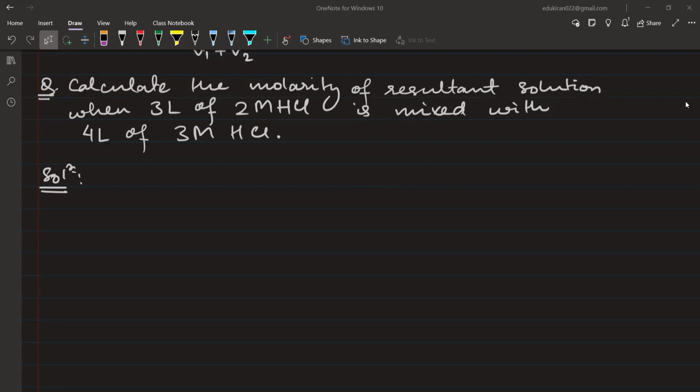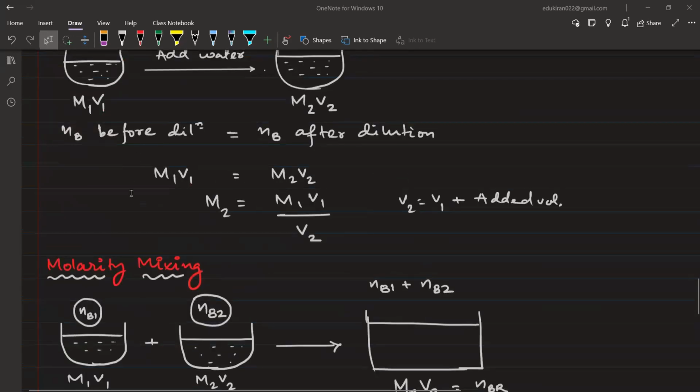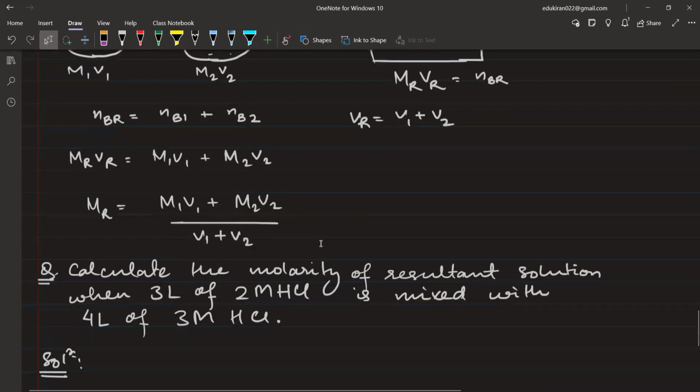Yeah, I'm doing it. The formula is M1V1 plus M2V2 divided by V1 plus V2. Yeah, this is the formula.